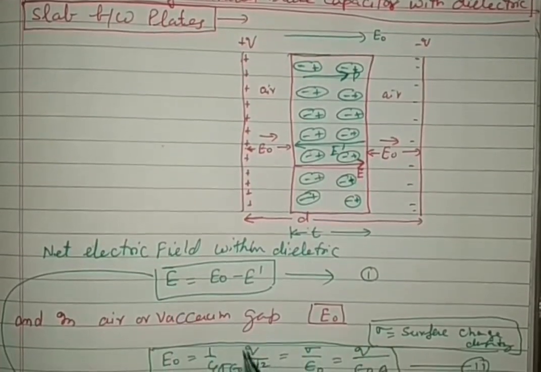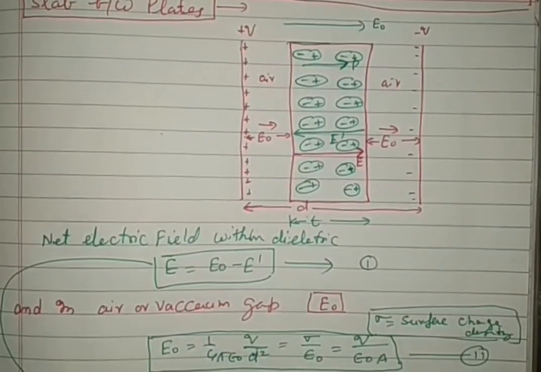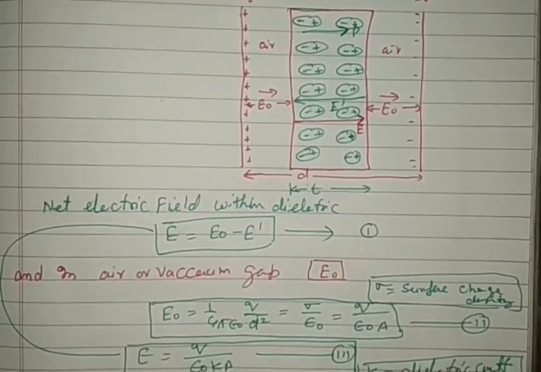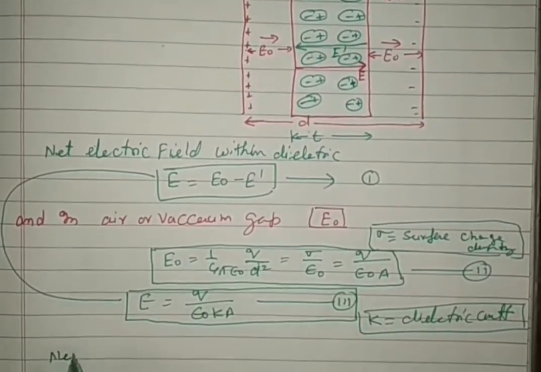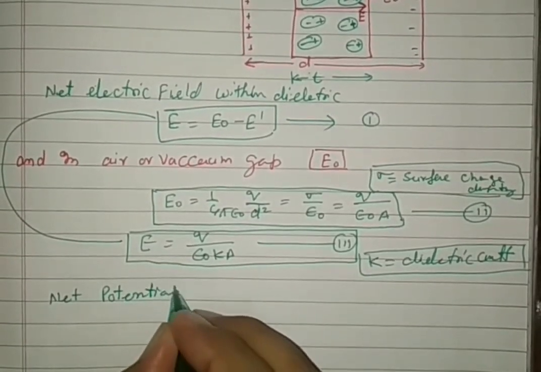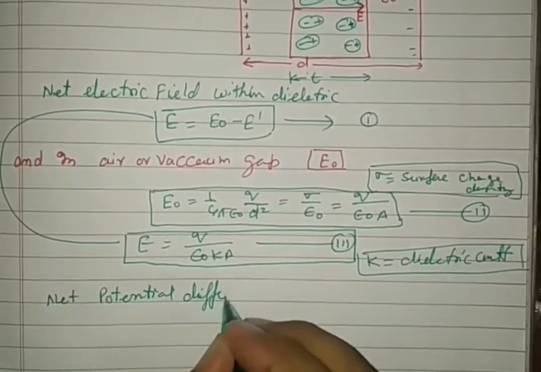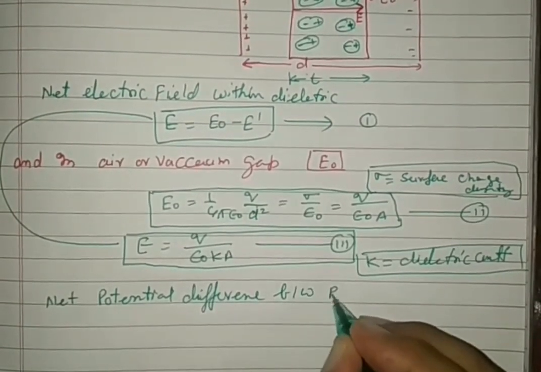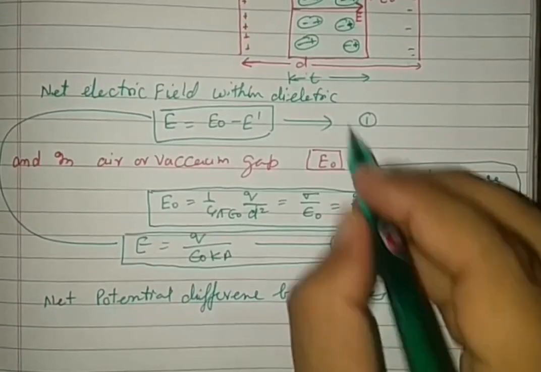So the electric field is weakened, which means the potential difference is also weakened. So the net potential difference between the plates, see, focus on the diagram.